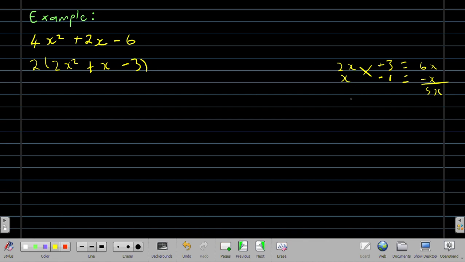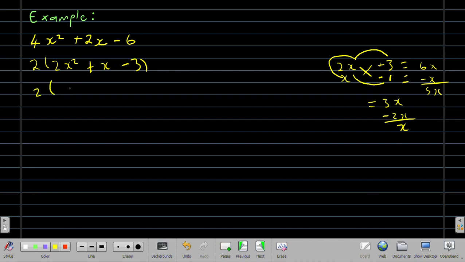So we try it again in a different order. We multiply 2x with -1, and we multiply x with positive 3, which will give us a 3x, and then 2x times -1 gives us a -2x. Add these up together, that will give us a positive x, which is what we have right here.